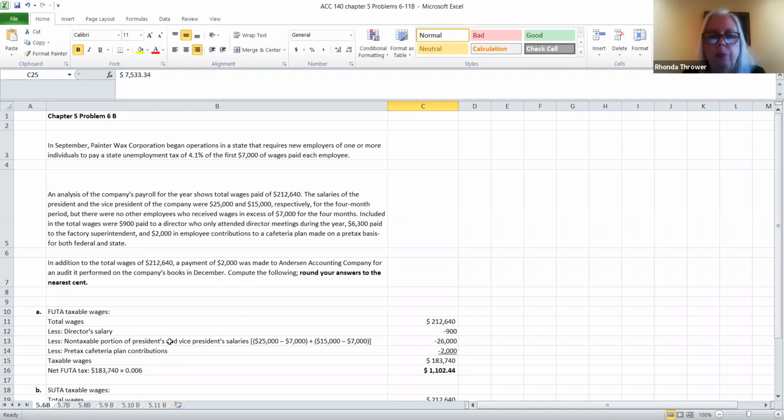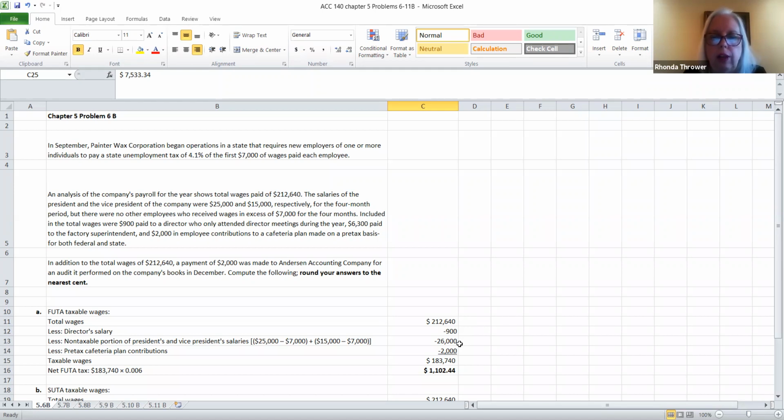We also have to back out the pre-tax cafeteria plan contributions because those are not a part of the taxable wages. So what we end up doing is we take the total gross wages of $212,640. We're going to subtract out the $900 that was paid to the director of the corporation.